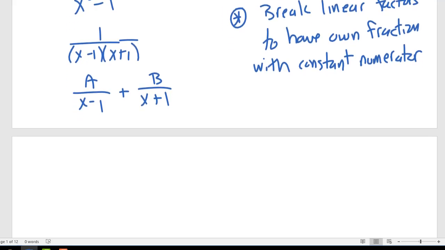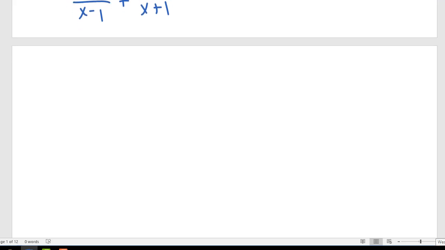Okay, so the second example I want to look at is where we might have a repeated linear factor. Let's say we had 1 over x minus 1, and x plus 1 quantity squared.